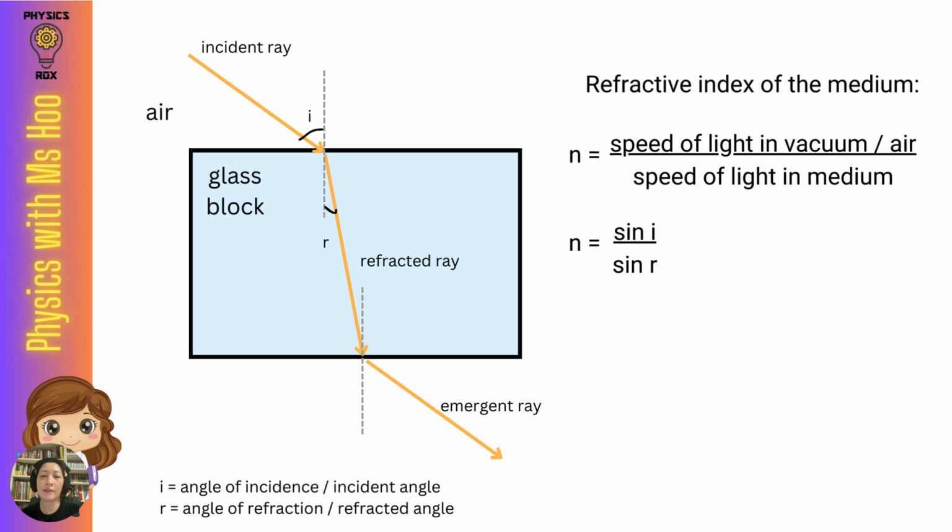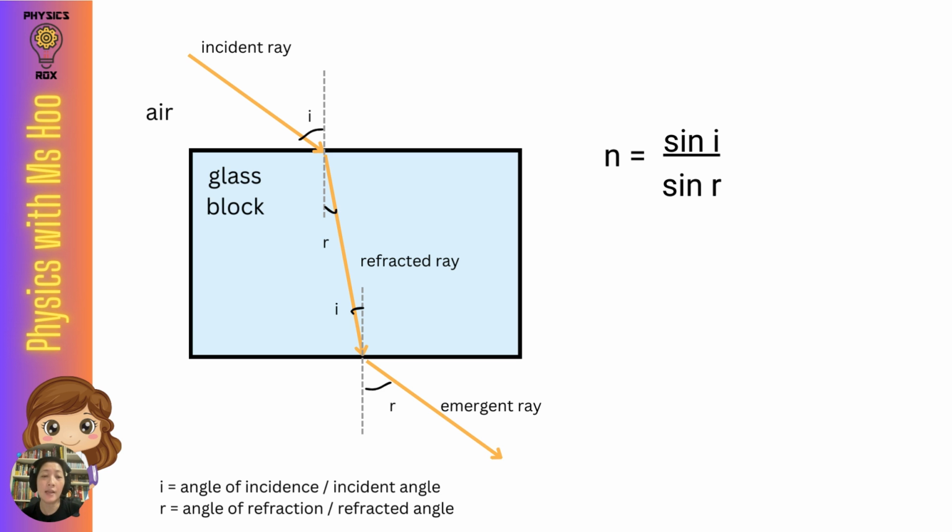This is of course comparing the angles when light is traveling from air to glass. But what if we were given angles in the situation where light is traveling from glass to air? Based on the names, I've written here incident ray, refracted ray, and emergent ray. But if we focus only on the bottom part where the light is traveling from glass into air, that light ray moving from glass to air becomes the incident ray, and the one moving out into air is known as the refracted ray.